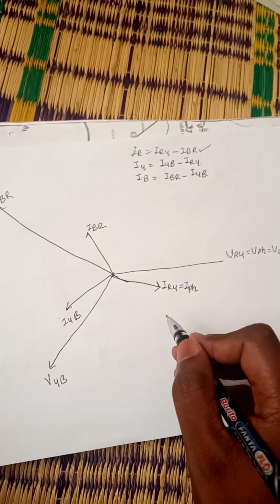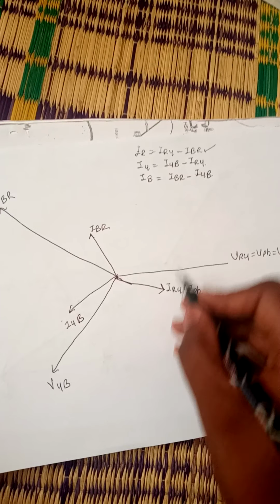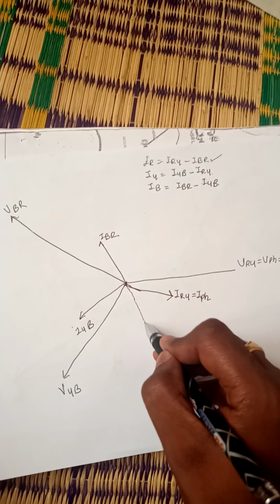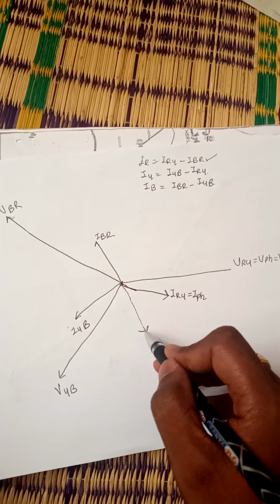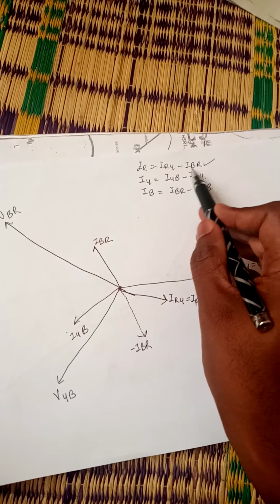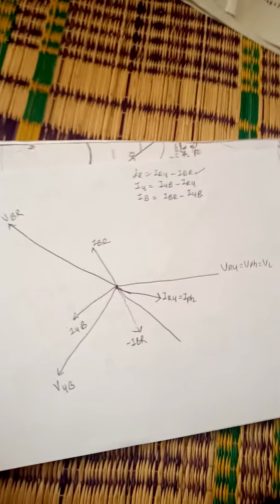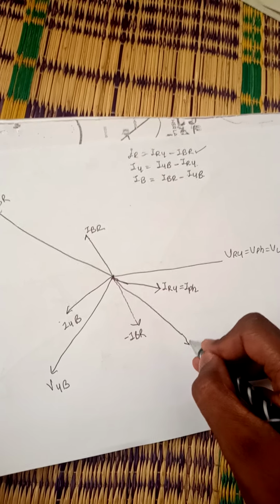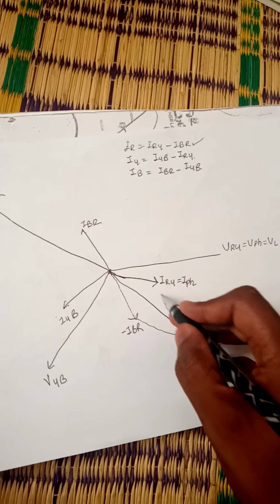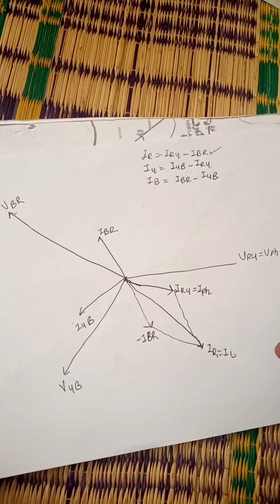After this, IR is equal to IRY minus IBR. IRY you have, minus IBR you want. So here you have plus IBR, you just project it out towards the negative side. This is your minus IBR. Then the sum of these two gives the resultant vector IR. This is your resultant vector IR, which is IL. Now you join these two points.